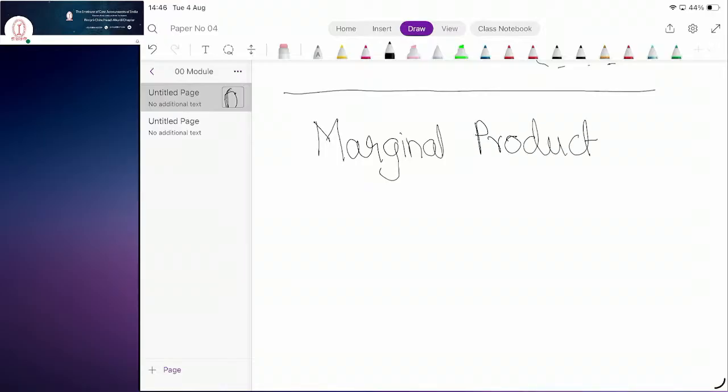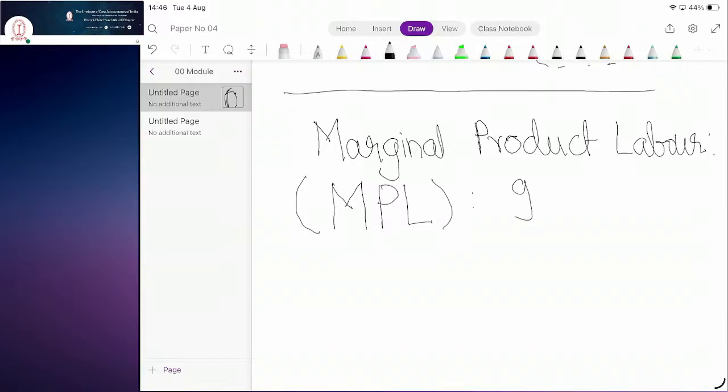Since we are keeping capital fixed, I will describe the marginal product of labor, and we can write it as MPL. It is called the marginal productivity of labor. Okay, what is marginal productivity of labor?